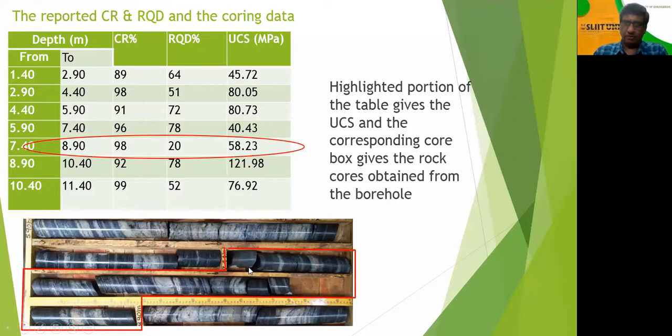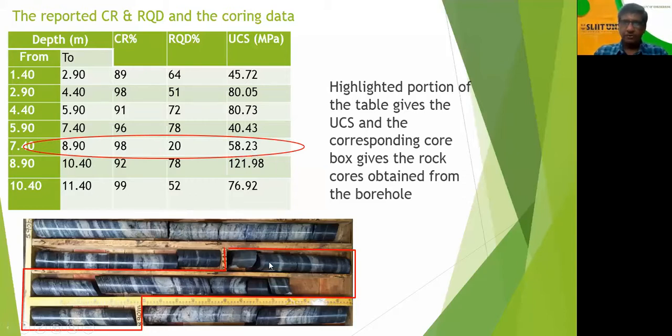If you look at it, these are very solid rock cores, and you can see that there's no weathering of the interfaces, and the core recovery is about 98%. Of course, due to fracturing, you get about 20% of RQD. But if you test this particular rock in uniaxial compressive strength, you obtain 58.23. So that is case 1.